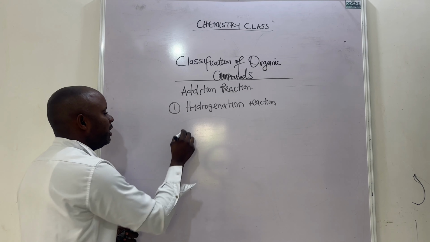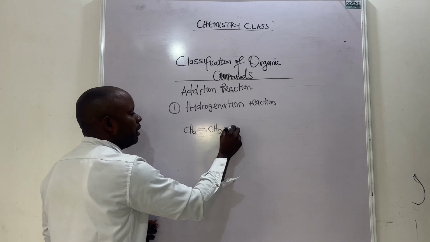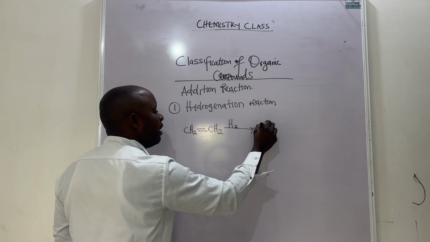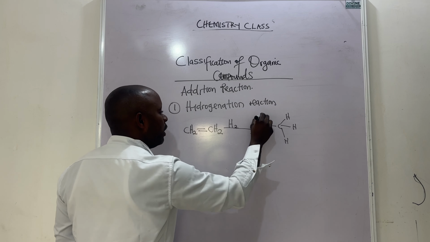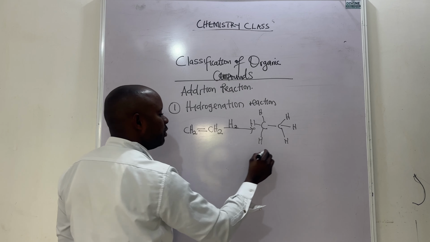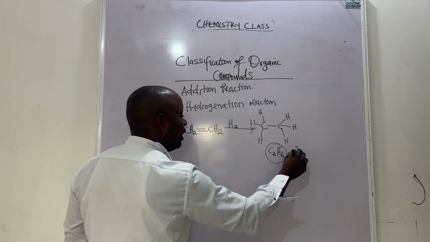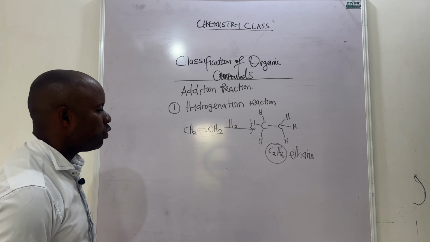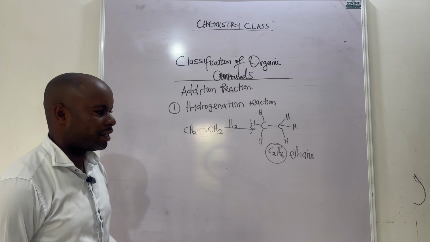For instance, when ethene has hydrogen added, one of the bonds is used for this formation. So the addition of this is going to give C2H6. Ethane is formed at the end because hydrogen has been added to this compound to form C2H6. So we say hydrogenation is a reaction in which hydrogen is added using a catalyst in the process.